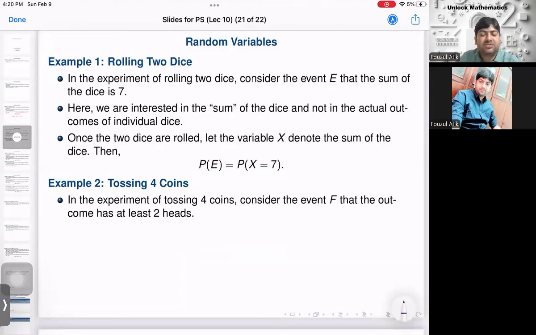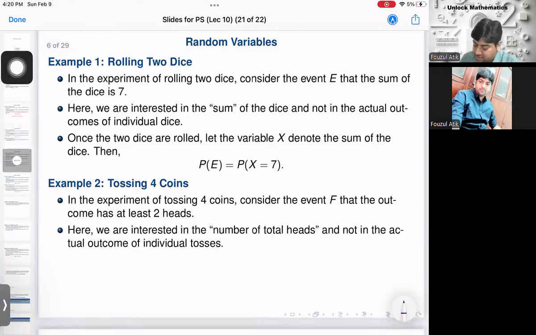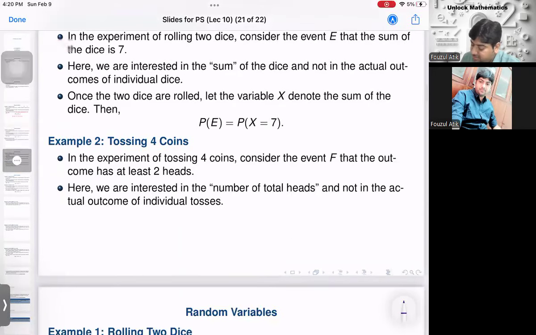Now here we consider the event F that the outcome has at least 2 heads. Which is not exactly the outcomes, right? Here we are interested in the number of total heads, not the actual outcome of the individual tosses.